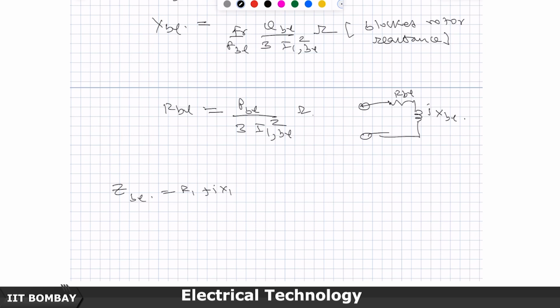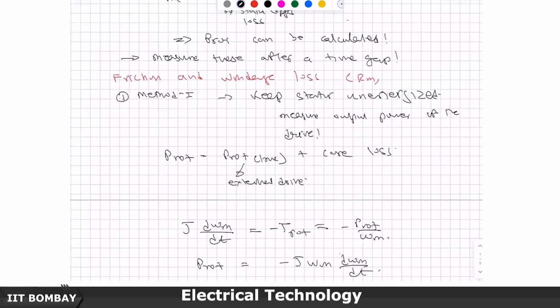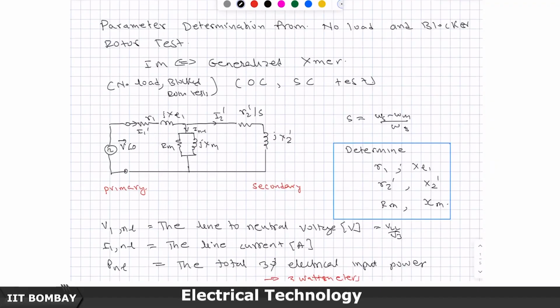Then I get an XM branch in parallel, and because I am doing it at S equal to 1, I get R2 dash in parallel with X2 dash, and that comes in parallel with this XM. And that whole thing together, at S equal to 1, this is neglected.